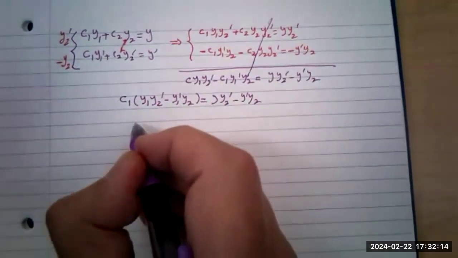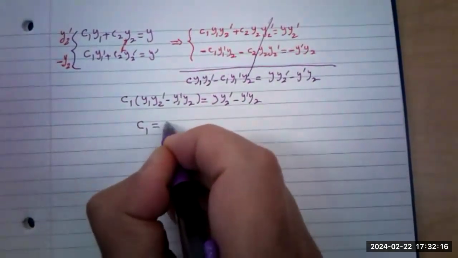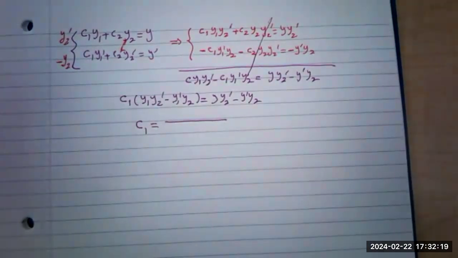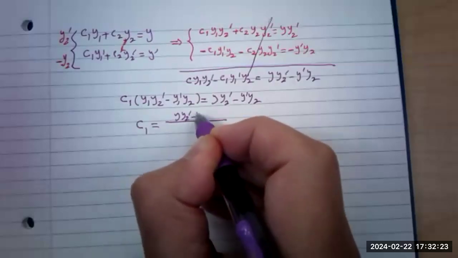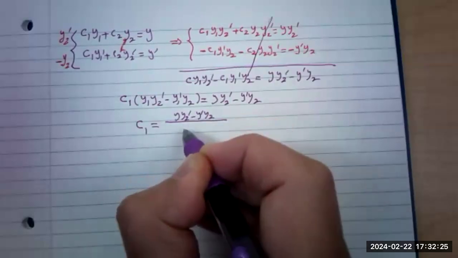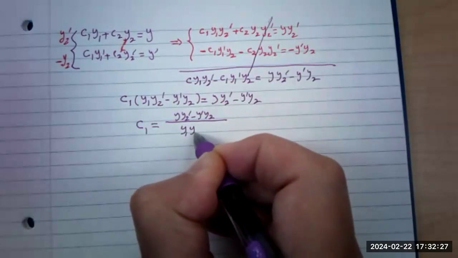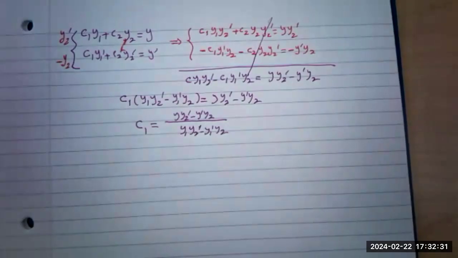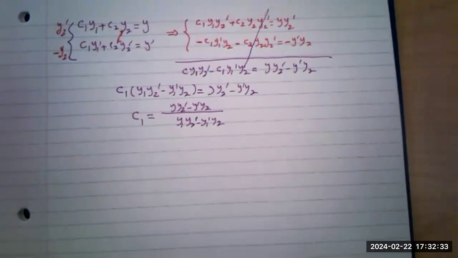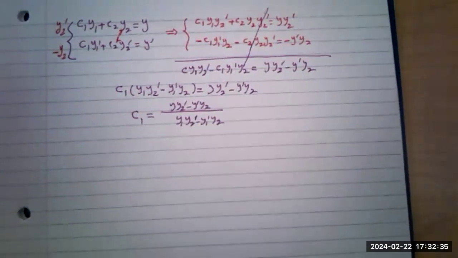So C1 would be the top, y y2 prime minus y prime y2, over the bottom, y1 y2 prime minus y1 prime y2. Can I do this all the time, or do I need a condition to be able to do it?